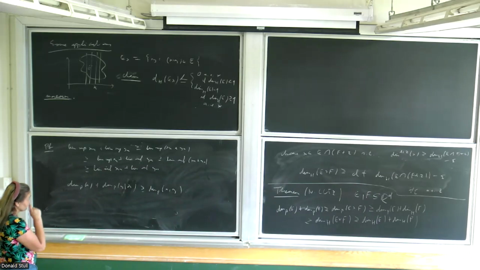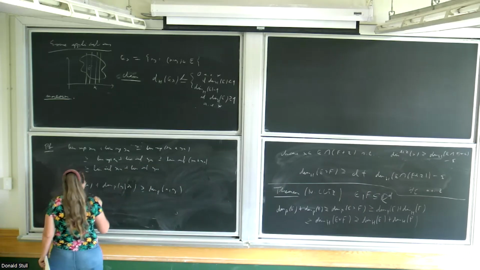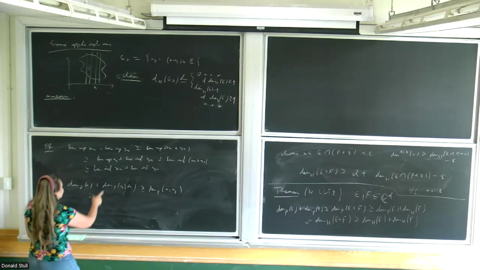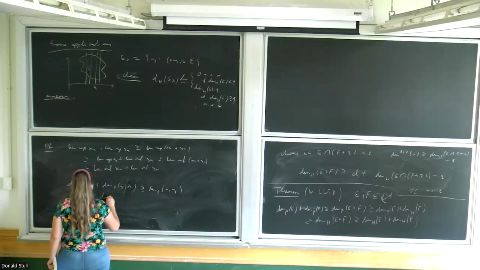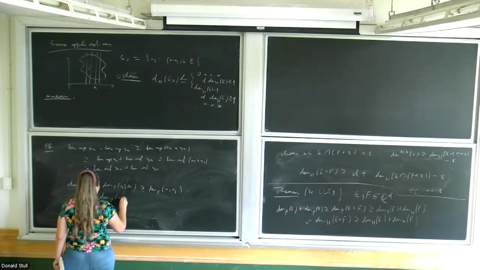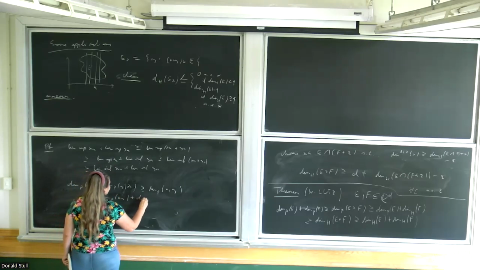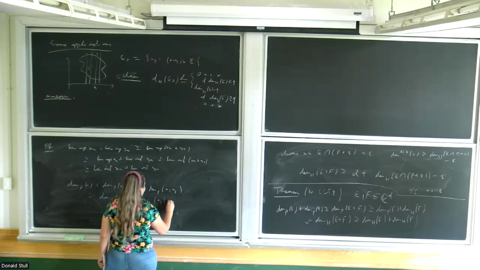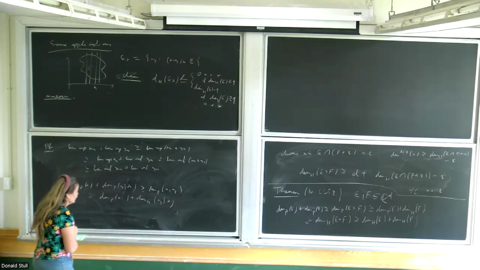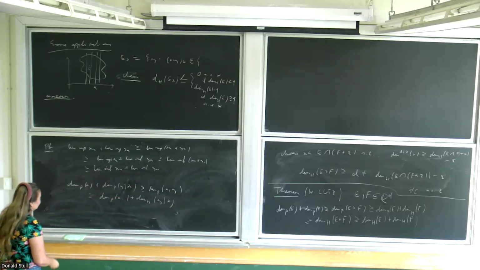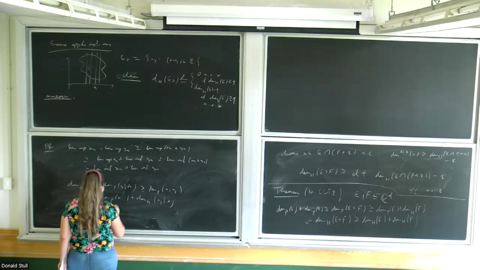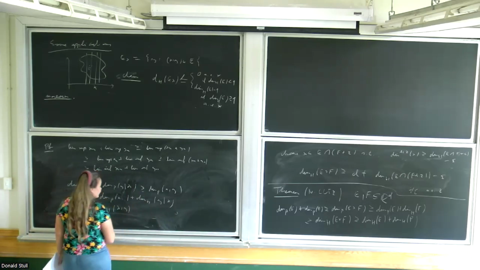And this will be, by exactly the same argument, larger than the packing dimension of x plus the Hausdorff dimension of y given x. And that's larger than the Hausdorff dimension of x comma y.